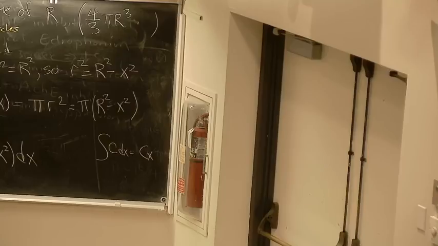So, to calculate this volume, let's set up a coordinate system again. I'm going to center it. Okay, let's see if I can draw this. This is my y-axis, and this is my x-axis.